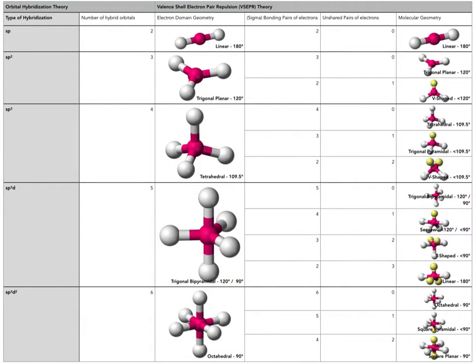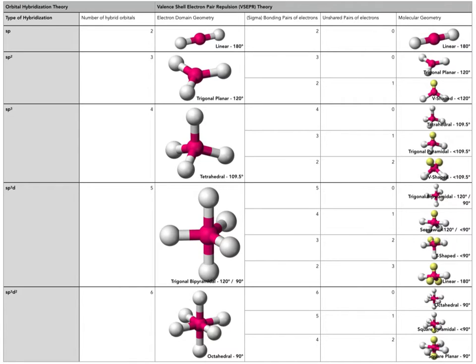Now, with these hybridizations in mind, we should immediately make the connection to valence shell electron pair repulsion theory, or VSEPR theory. All VSEPR refers to is that these hybridized orbitals, in relation to one another, will repel each other as much as possible, such that a stable geometry of electron domains will result.